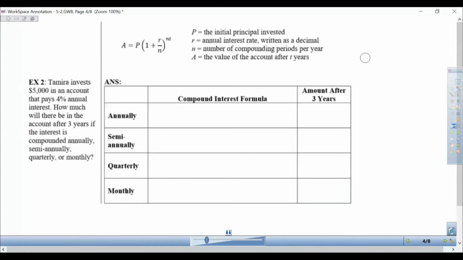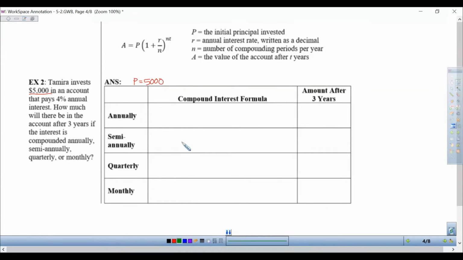So we're going to use this formula to figure out the amount after 3 years for Tamira, who invests $5,000 in an account that pays 4% annual interest. So they're telling us that her principal, the amount that she is initially paying, is equal to $5,000.